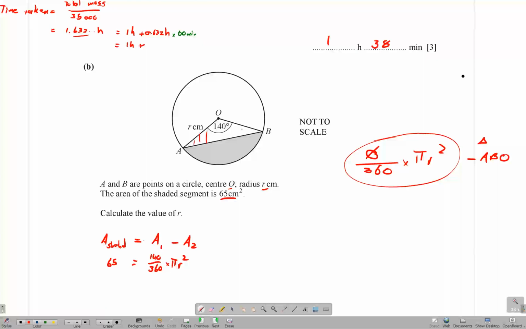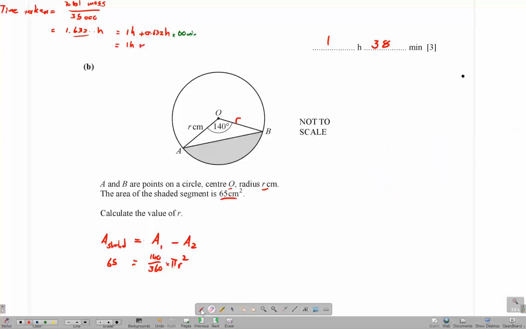Okay, so how are we going to find the area of this in terms of the radius? Okay, so we don't know what the length of AB is, but we do know that this is also r. Okay, so that means that we have an included angle and we can actually use the sine rule for area. Okay, so let's think about the sine rule for area.